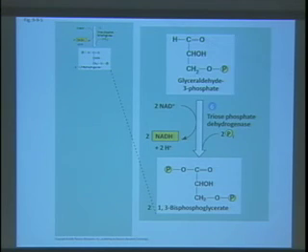All right, so we talked about the energy investment stages of glycolysis, and now here's where we start to get the payoff, starting in step 6. We have this enzyme here, triose phosphate dehydrogenase, which is taking glyceraldehyde 3-phosphate and converting it into 1,3-bisphosphoglycerate down here.